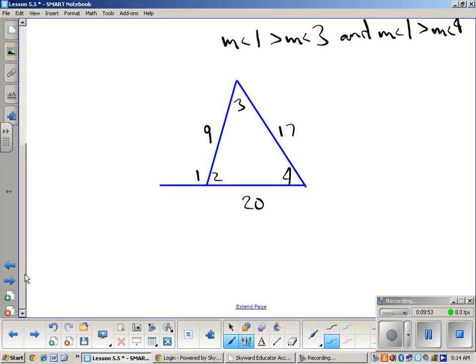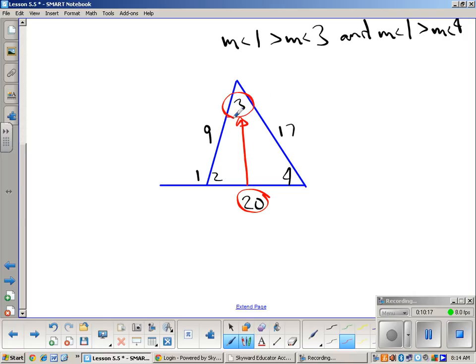Alright. Now, if we look at the triangle and apply the rule we just said, the largest side is 20, right? So what lies opposite the largest side? The largest angle, right? So the largest angle is 3. Do you agree?